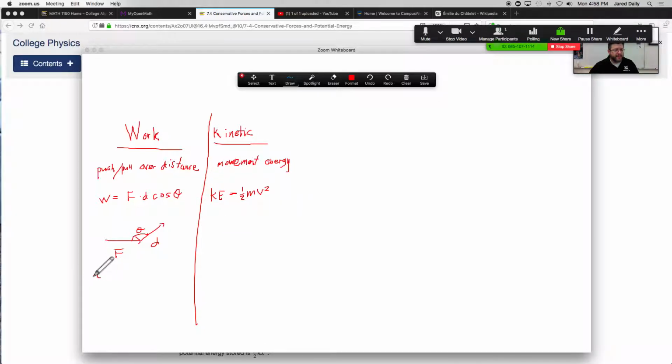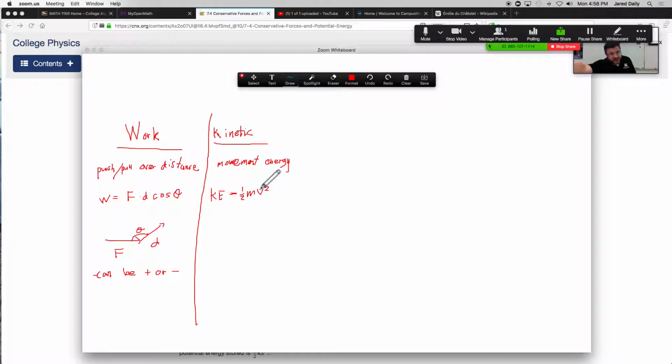Because work can be positive or negative. Can this one ever be negative? Can you ever have a negative mass? Can you have a negative velocity? Sure, you can. Depends on which way it's going, right?